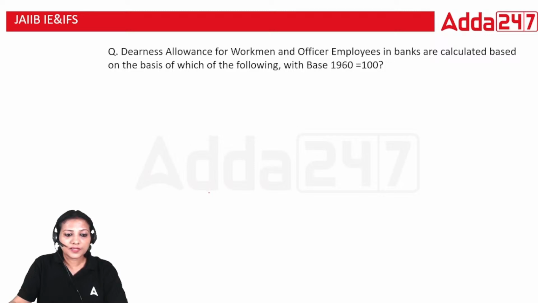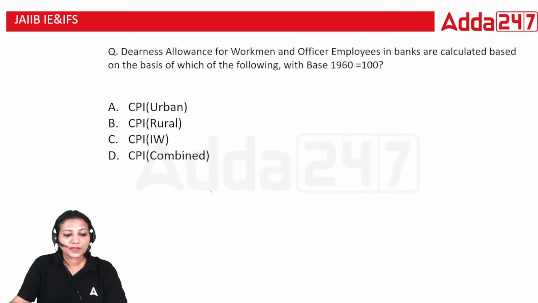Dearness allowance for workmen and officer employees in banks are calculated on the basis of which of the following, with base 1960 equal to 100. CPI urban, CPI rural, CPI IW, CPI combined.